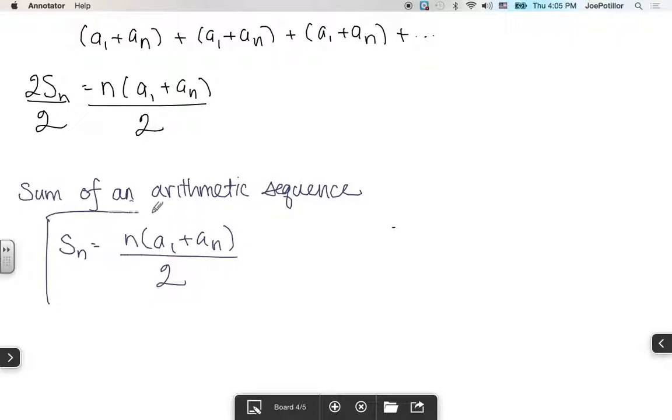So your sum of the arithmetic sequence is equal to n, how many terms you have, times the first term plus last term, divided by 2. Okay.